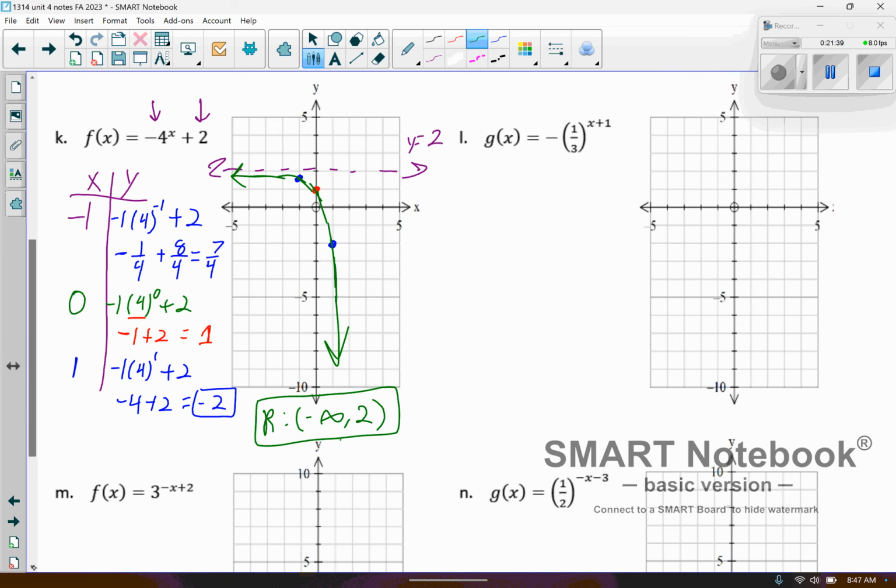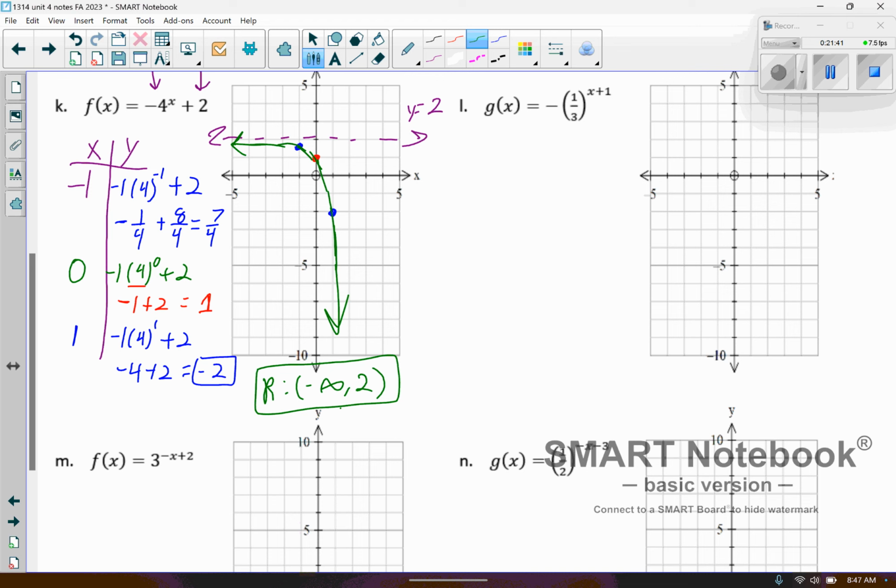looking at I, let's see, kind of similar to what we just did here. Technically, the transformation would be a reflection, and then we're going to shift to the left one because of that plus 1. But we're going to go ahead and build a table. And so once again, I want to pick values where my exponent will be negative 1, 0, and positive 1.